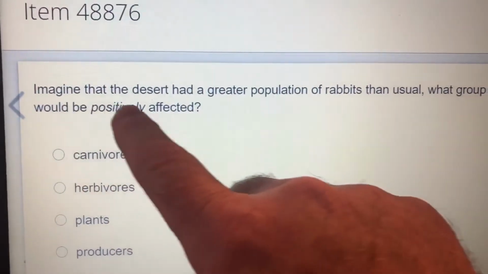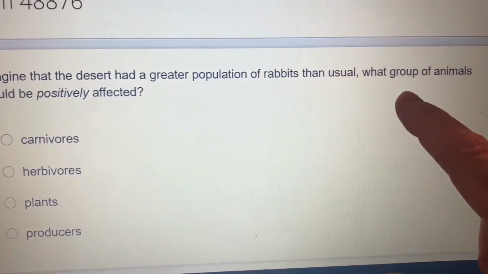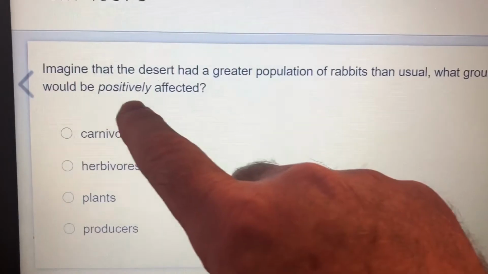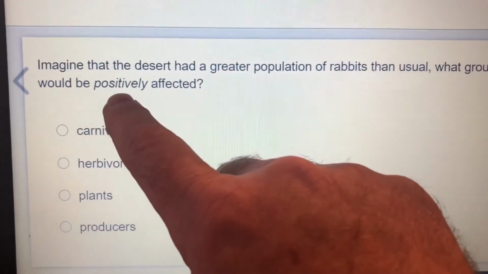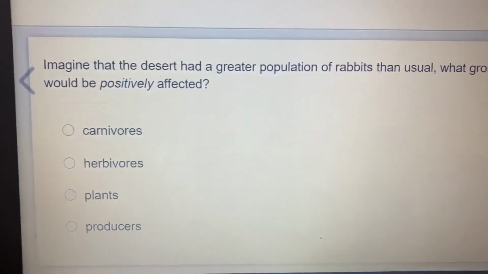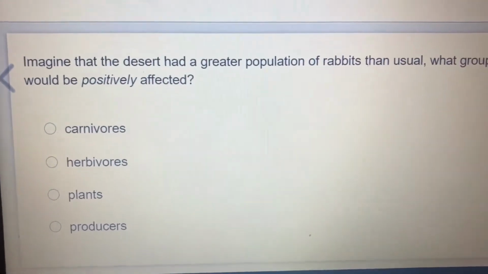Okay, so imagine that the desert had a greater population of rabbits than usual. What group of animals would be positively, so it would be good for them, affected, okay? So how does having more rabbits affect an animal in a good way, positively?